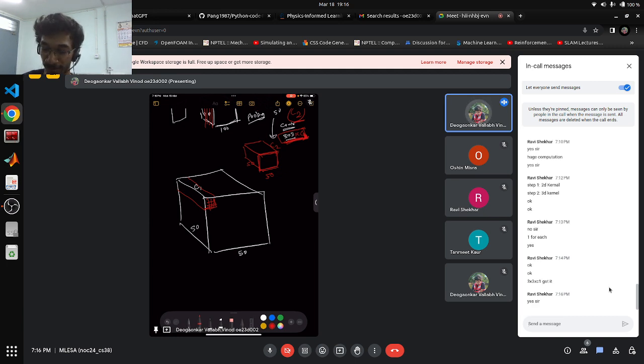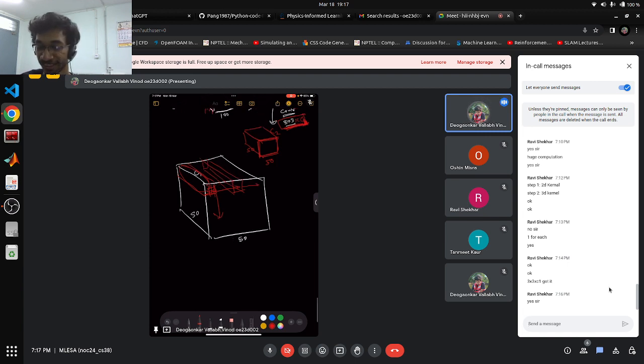So I keep moving this block sideways and down, and every time I'm going to take the sum over the entire thing. Whatever it is overlapping on my input, I'm going to sum over that entire thing.